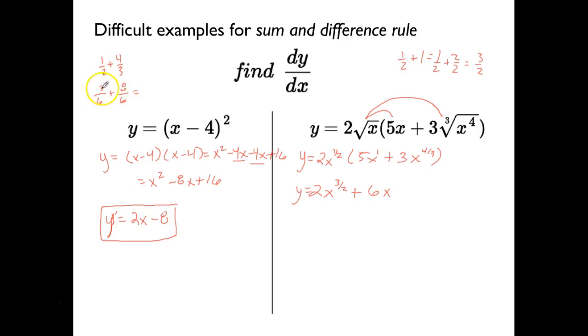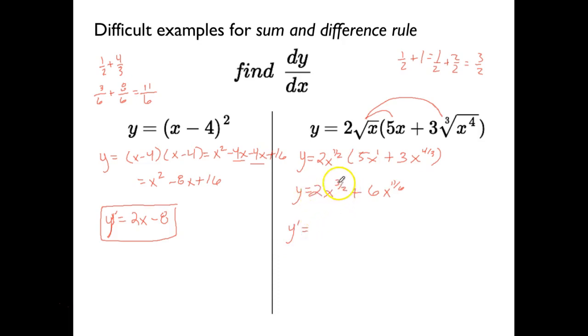Now we got a common denominator. We can add them. That's going to be 11 on top and 6 on bottom. So there we go. That's my new exponent here, 11 over 6. Now it's written in terms. I can take the derivative. I've rewritten it fully.